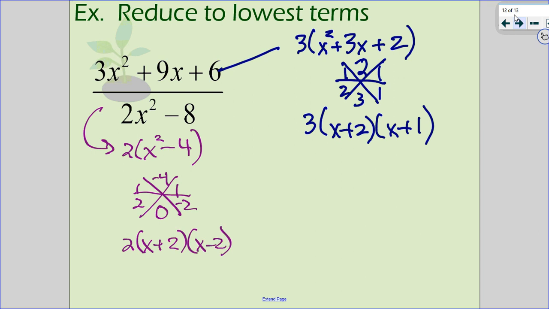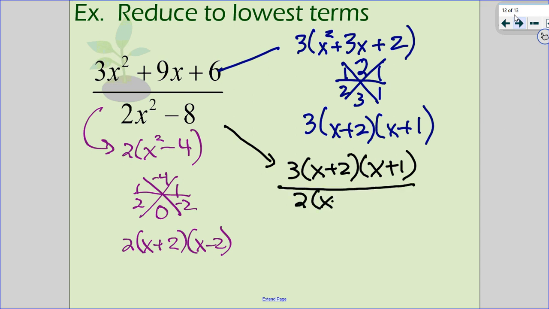So now I'm going to rewrite the original problem with my new numerator, all factored out, and my new denominator. Does anything cancel? x plus 2. Yep. That is 2 cards there.